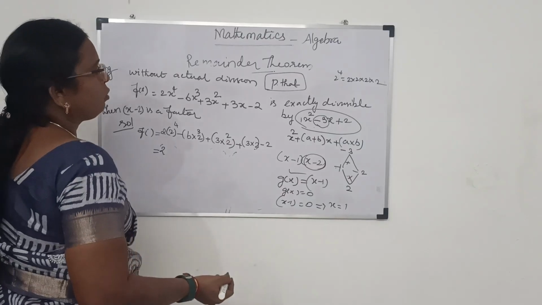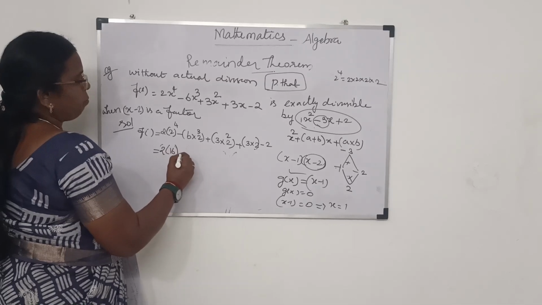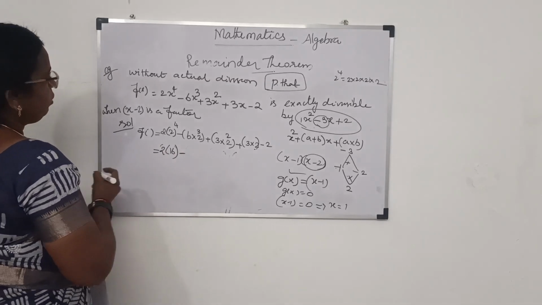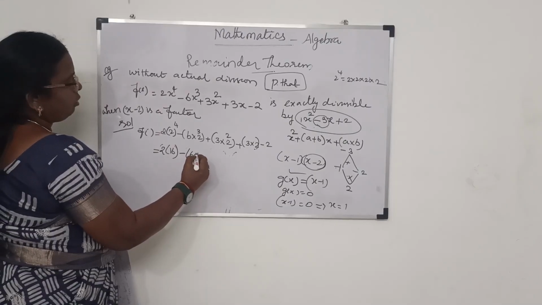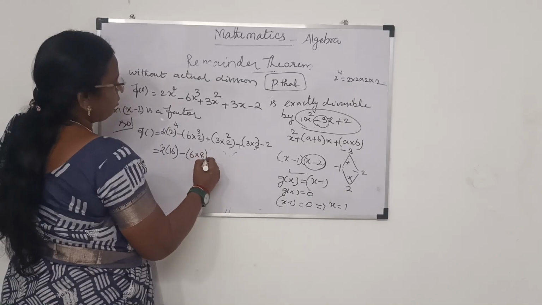2 2s are 4, 4 4s are 16. Then 6 into 2 cube: 2 2s are 4, 4 2s are 8.